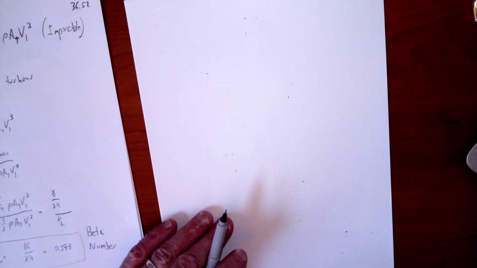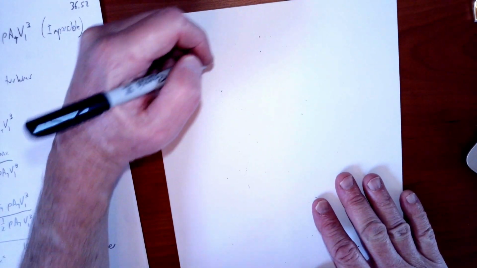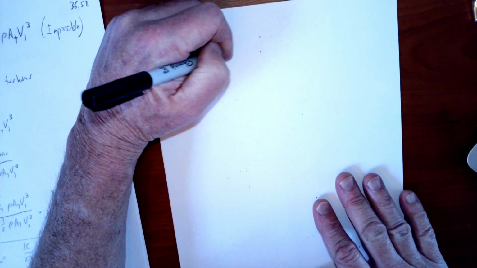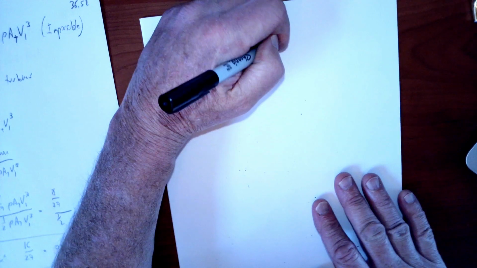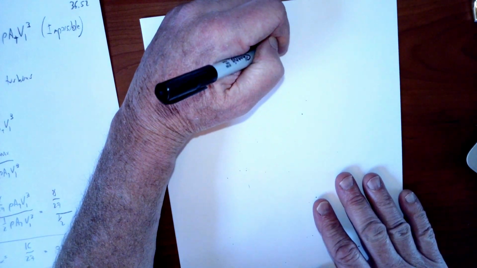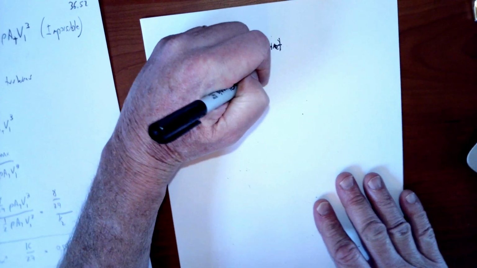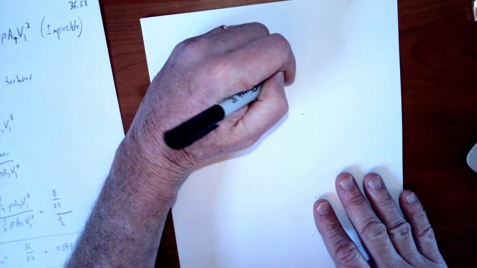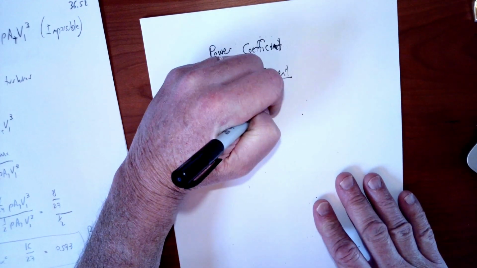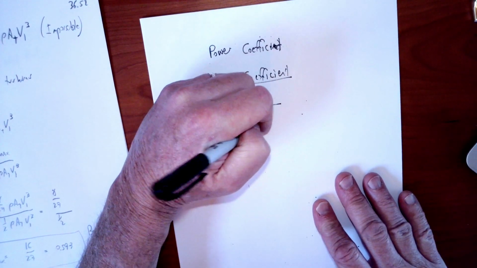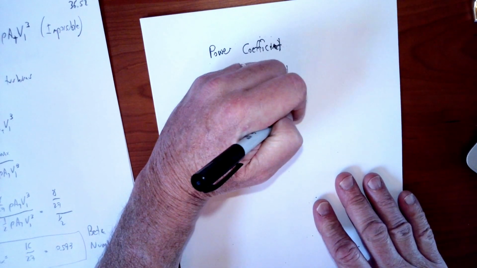So now we're going to define a power coefficient for this turbine. It's going to be called C sub P, and it's equal to the actual power generated divided by this theoretical impossible ideal.